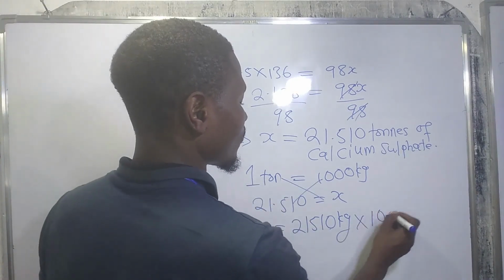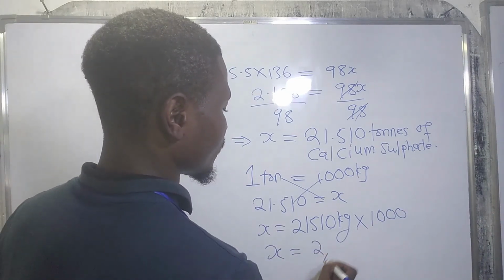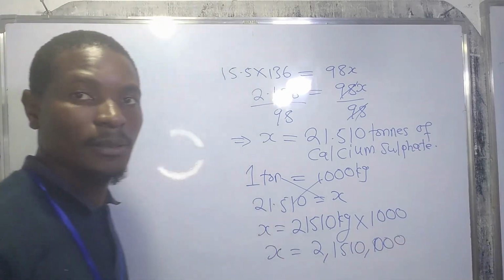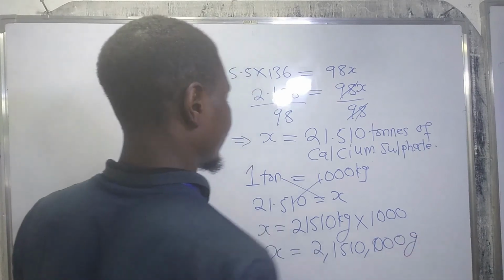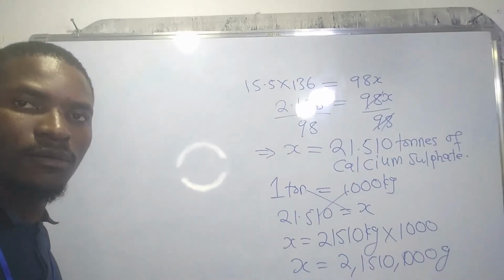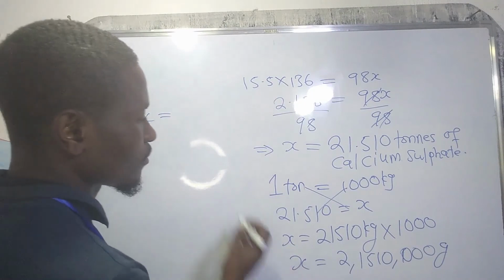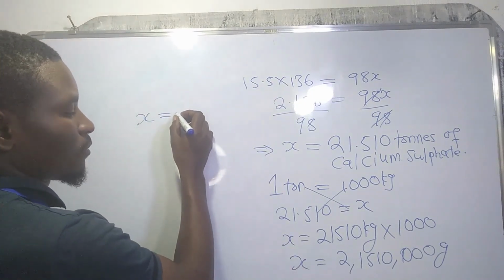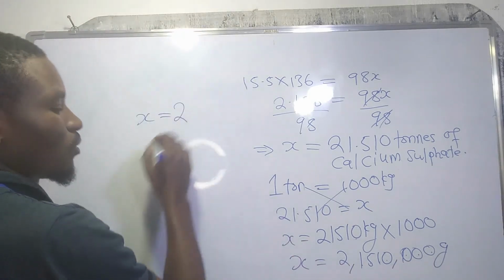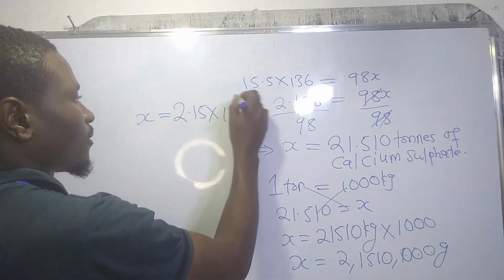Multiply by 1000 again, so x can be written as 2.15 times 10 to the power.